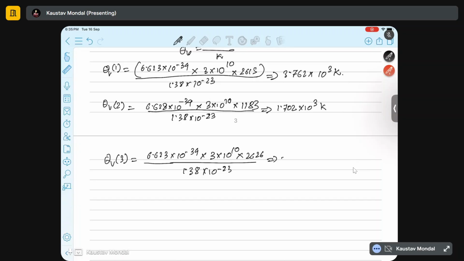This gives you 3.778 into 10 to the power 3 Kelvin.